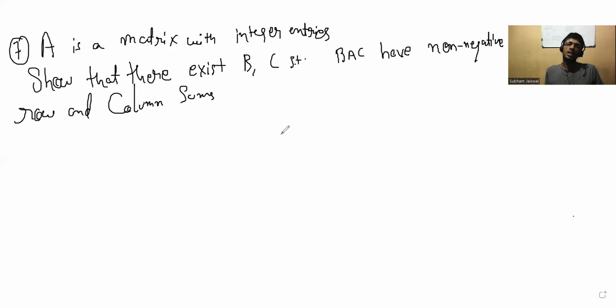Initially, some row sum could be negative, and you have to somehow multiply with things on the left.